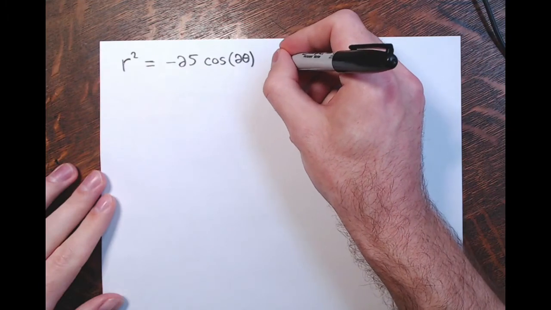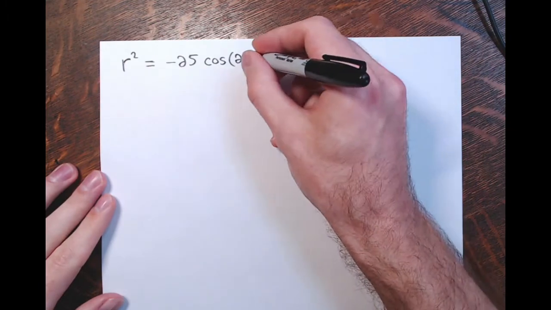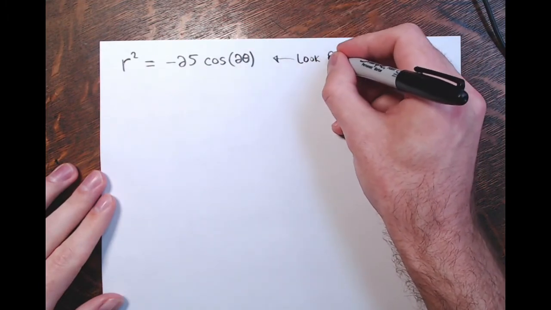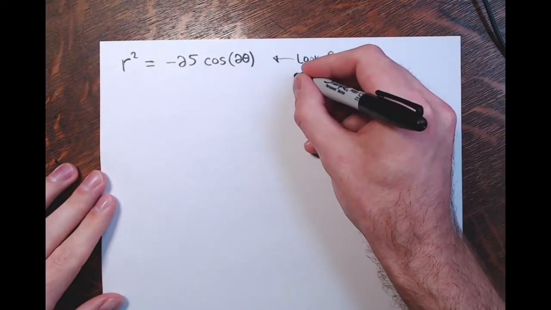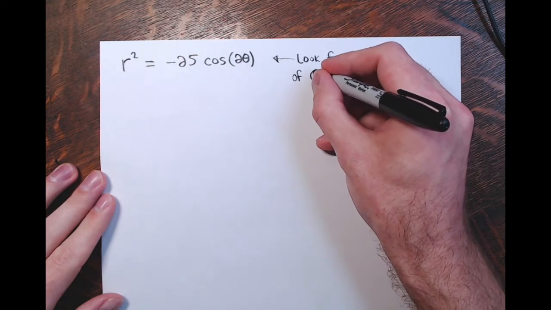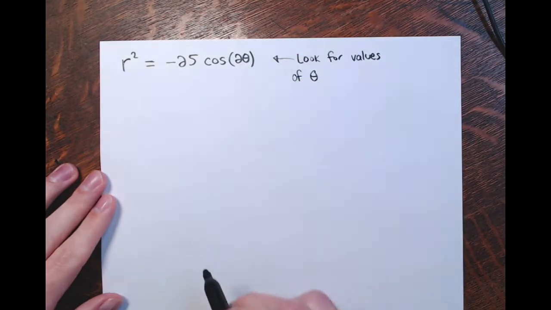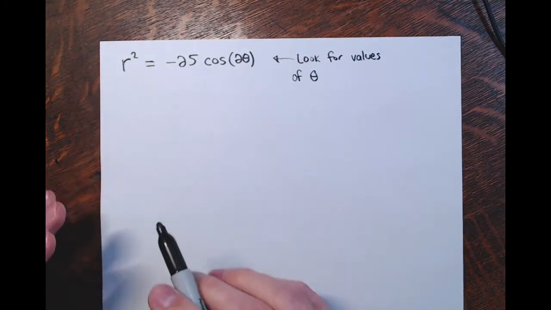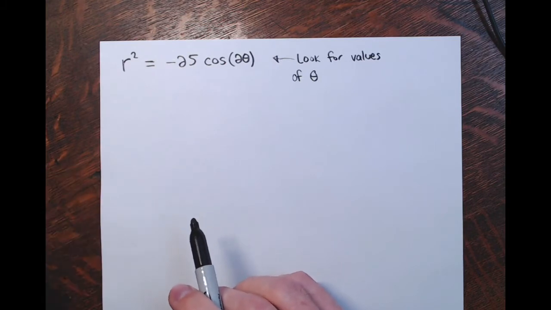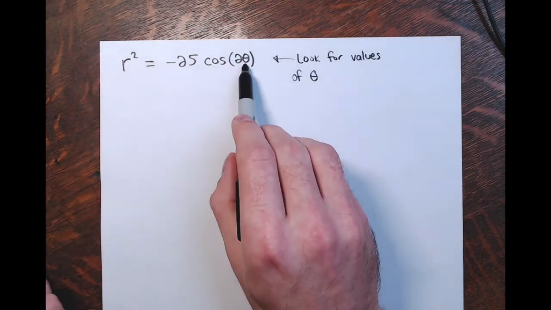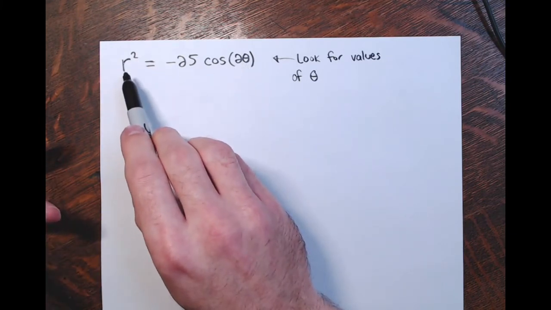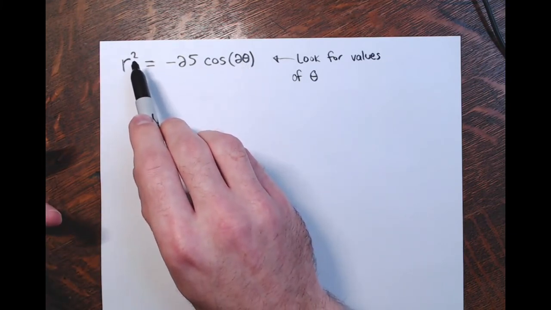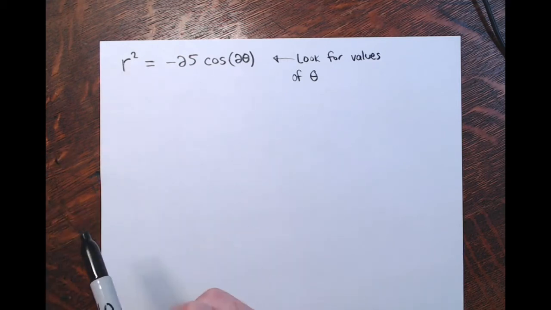So what I'm going to do first is look for the values of theta for which this expression on the right side is non-negative, because those will be the only allowed values of theta. Anything that makes this side negative won't be part of this. You can't square a real number and get a negative output.